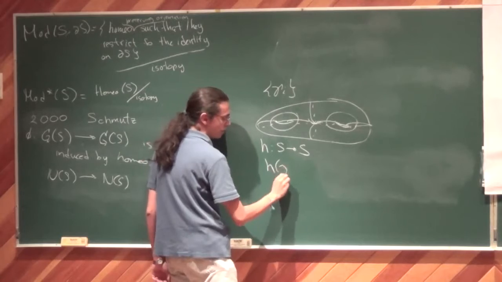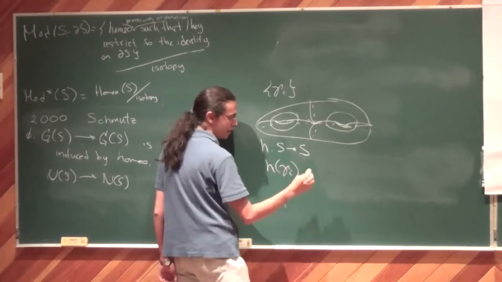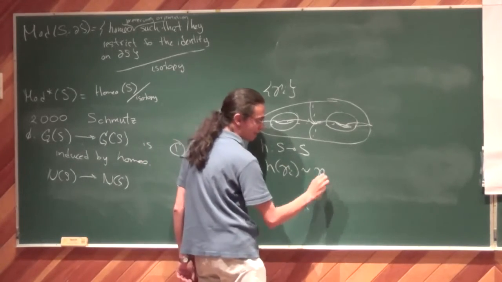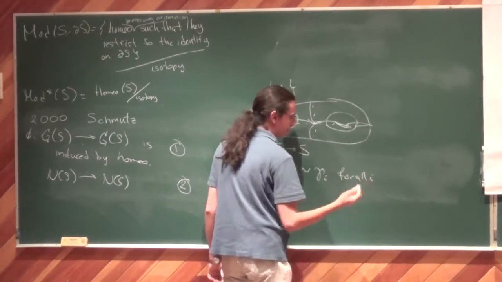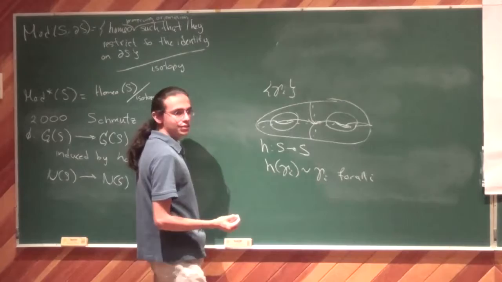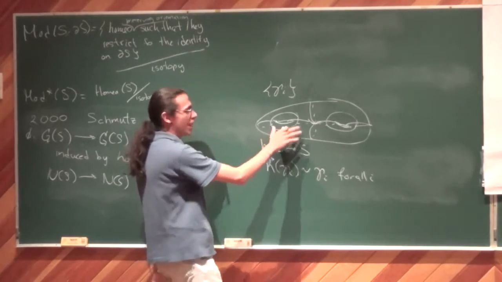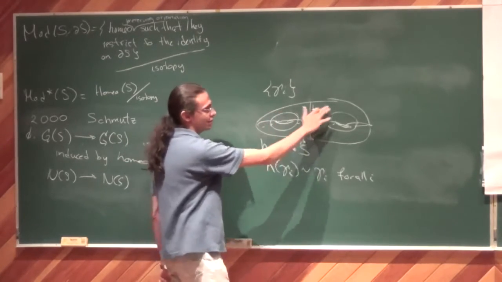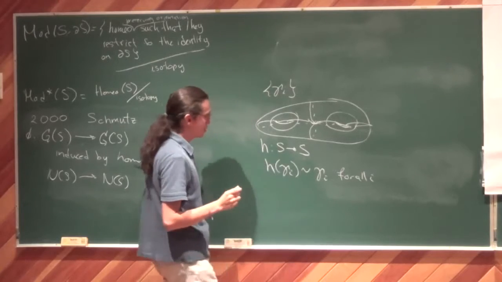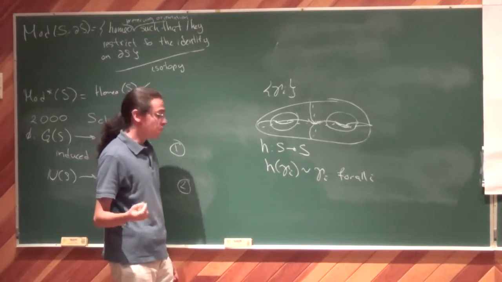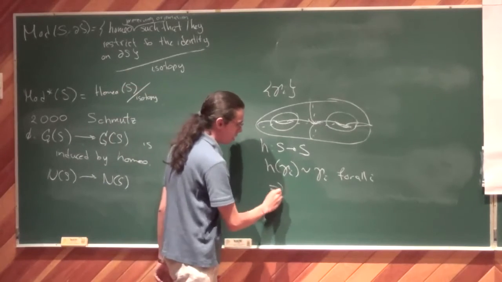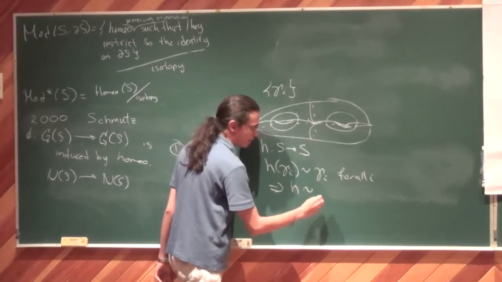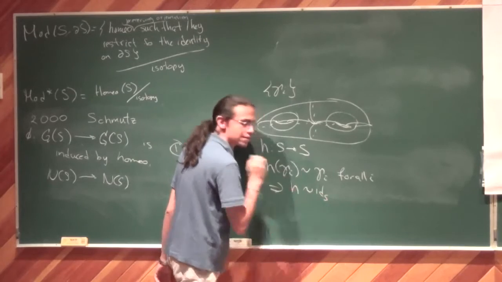If H of gamma i is isotopic to gamma i for all i, and it behaves nicely in the disks that make up the complement, then H was isotopic to the identity on S. Okay?